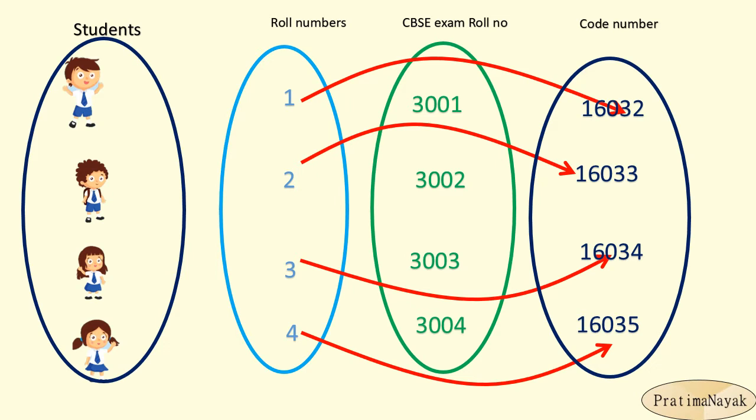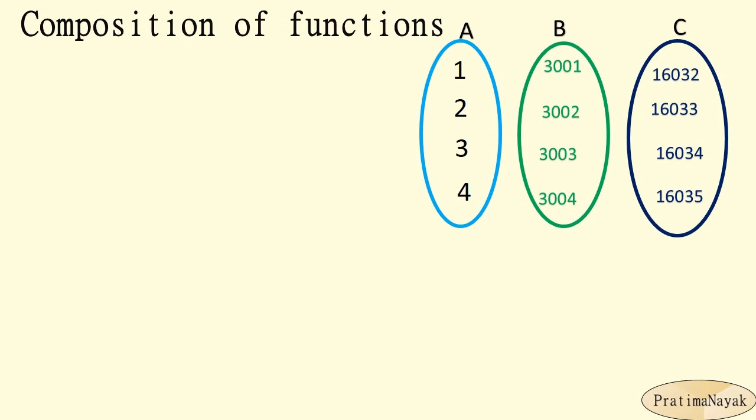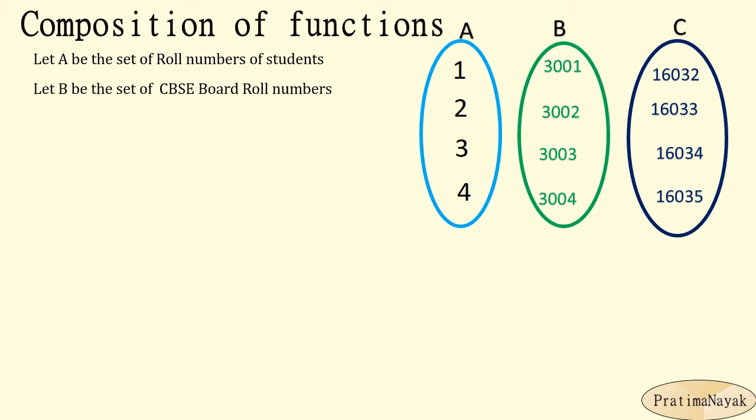So we have taken three sets: the set of roll numbers as A, CBSE roll numbers as B and code numbers as C. Let A be the set of roll numbers as I told, B the set of CBSE board roll numbers and C the set of CBSE code numbers.